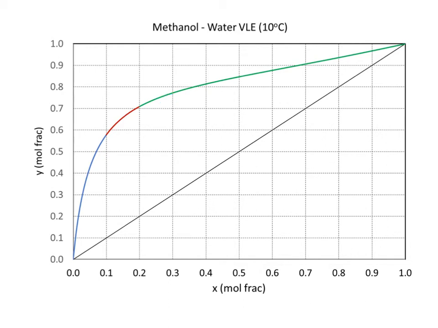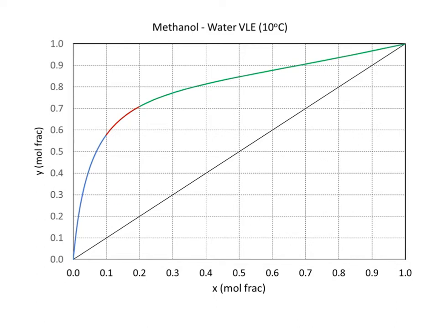Now, to use these relationships in these graphs, we'll have to fit the lines to a polynomial equation. The previous slide, the PXY diagram for the liquid phase, was well fitted with a 6th-order polynomial equation. Unfortunately, that was not a good fit for this XY data.